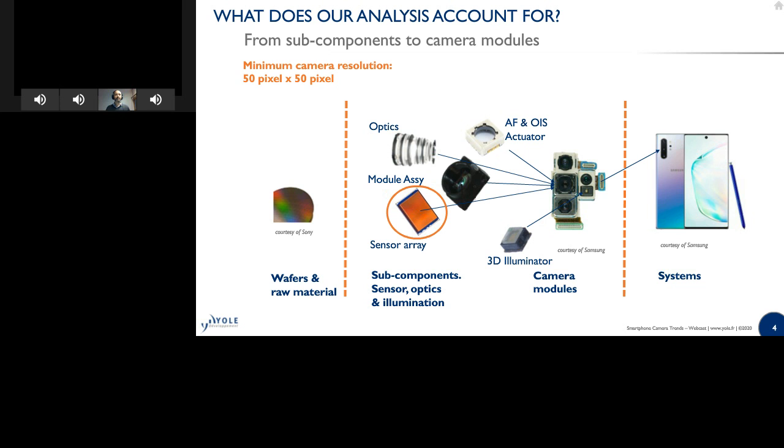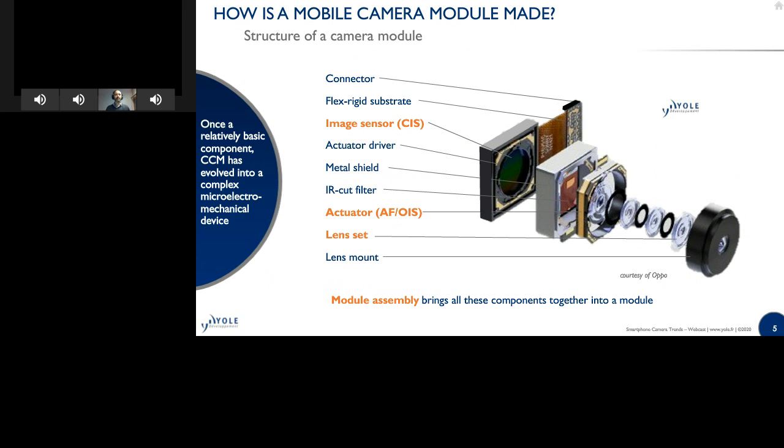So more precisely, this construction is usually a flex rigid substrate, or could be ceramics, with connectors. Then on top of that, image sensors. So this is typically the semiconductor device that we monitor here at Yole Développement.